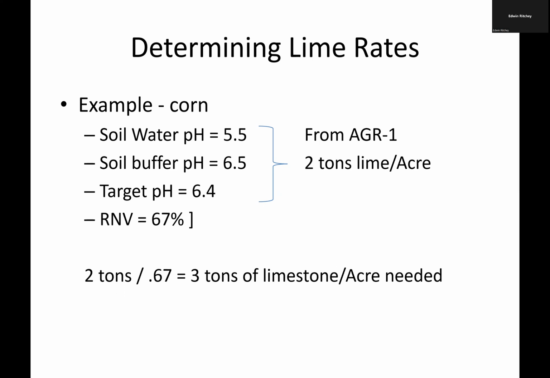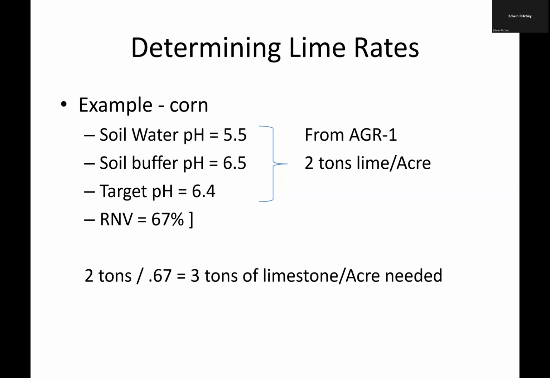And all of our lime rates or recommendations are now based on a 100% effective RNV, just like you would calculate fertilizer. So if I needed 100 pounds of K2O and I'm using potassium sulfate because I'm growing tobacco, that is 50% K2O.